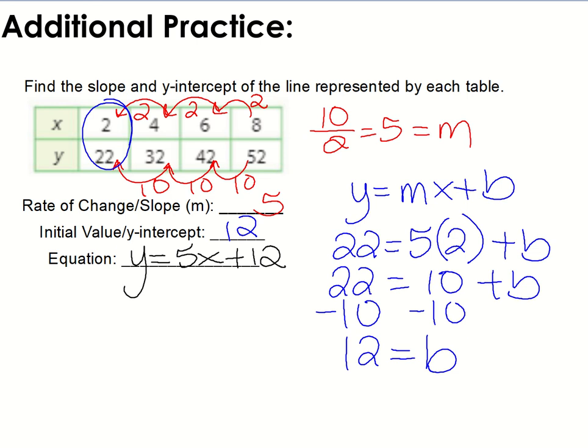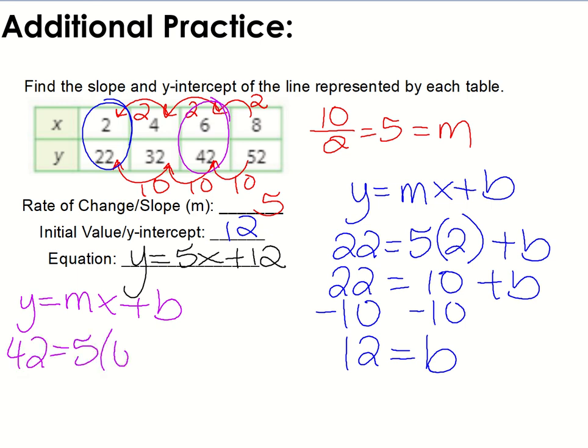It doesn't matter which point you've used. I'm just going to show you. You don't have to copy this down if you don't want to, but I'm just going to show you another point. So I'll use 6 and 42. And so I'll do the same thing. Y equals mx plus b. So I go 42 equals 5 times 6 plus b.